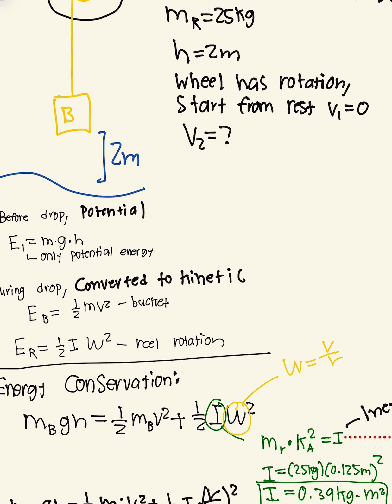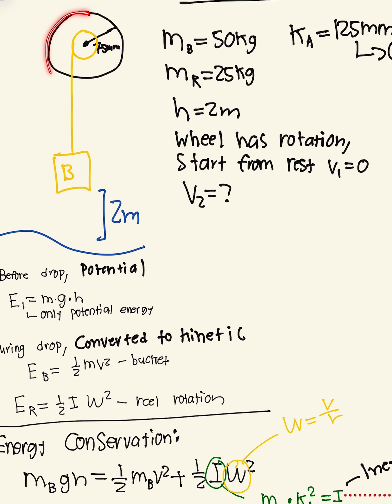Once this bucket starts to go down, that energy is going to be converted to kinetic energy. For the bucket, its kinetic energy is going to be half mv squared.